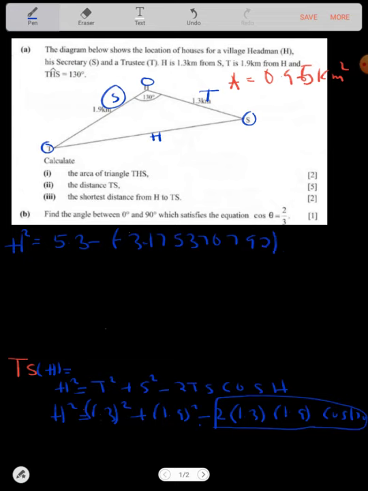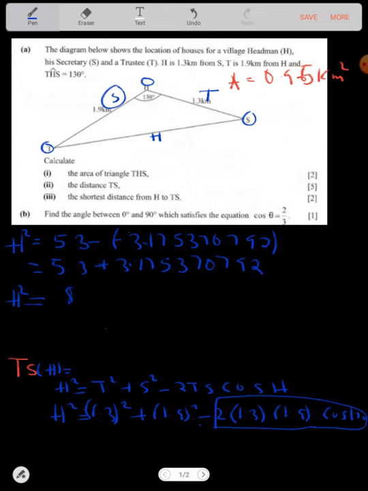I have same signs here, so in short we are going to add. We're going to have 5.3 plus 3.1753707 2. So H squared is equal to 5.3 plus 3.1753707 2. When you add, you are getting 8.